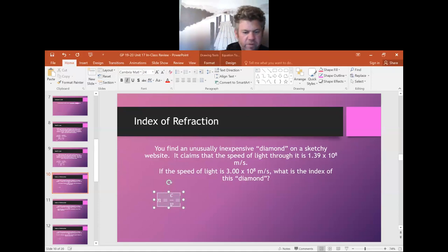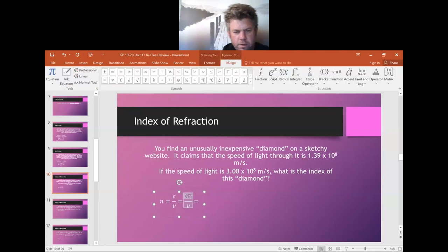All right, so if we're using this same idea here, what we know is that the speed of light itself is 3 times 10 to the 8th, right?